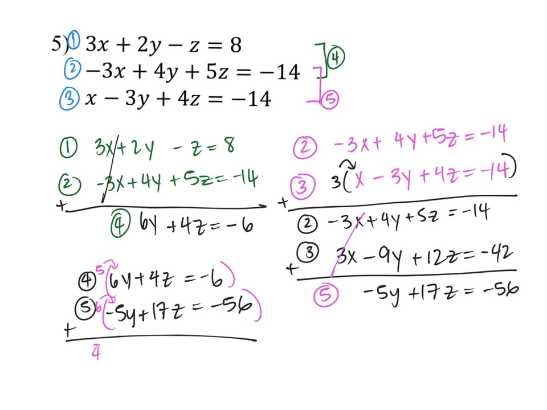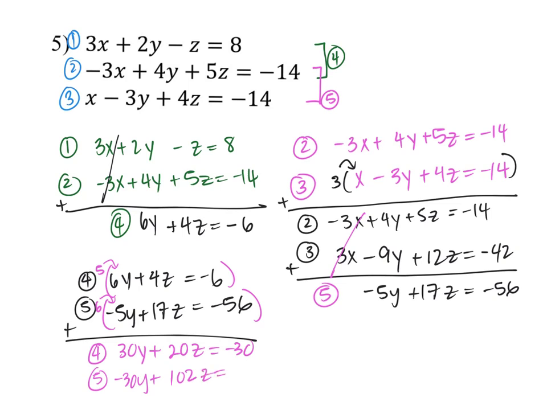Okay, so for equation 4, that would be 30y plus 20z equals negative 30. And then for equation 5, we would have negative 30y plus 17 times 6 is 102z.